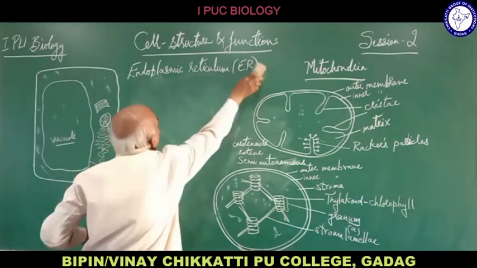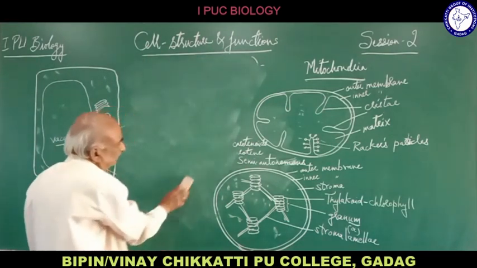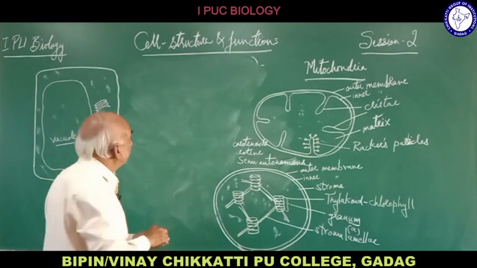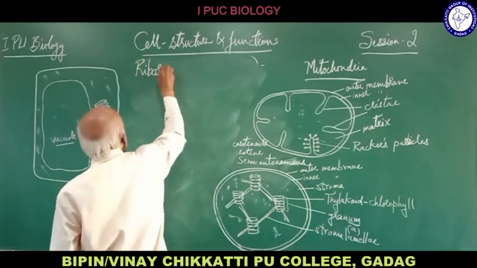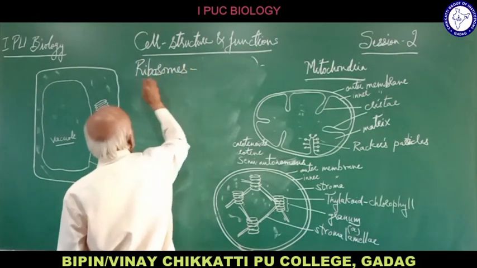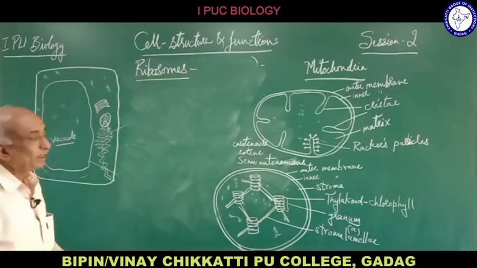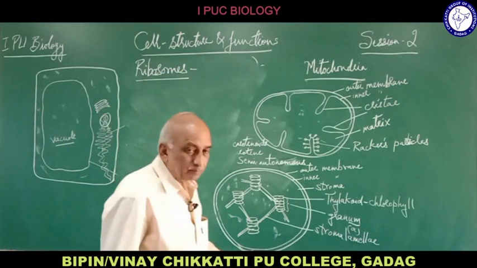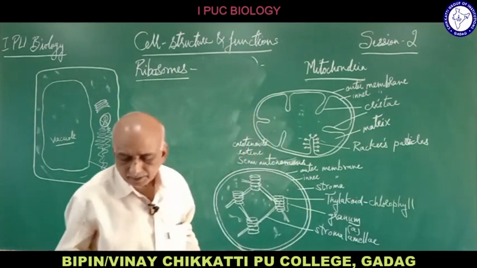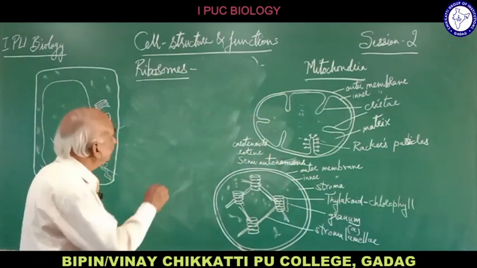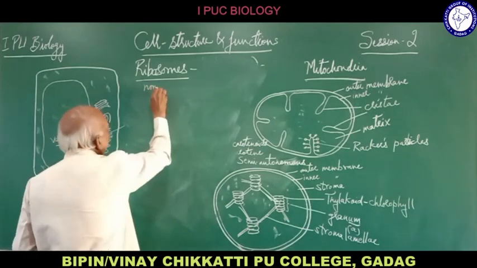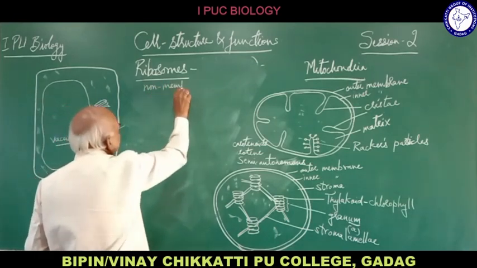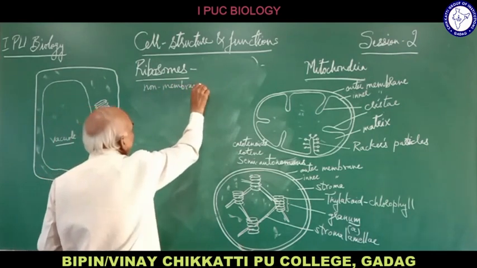Now we come to the other organelles, some minor organelles of lesser importance: ribosomes. Ribosomes are called the protein factories of the cell. They are non-membranous structures, meaning they are not made up of any membrane.